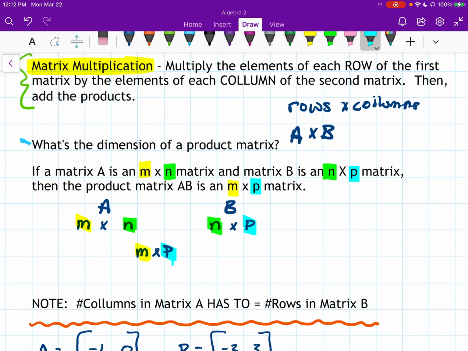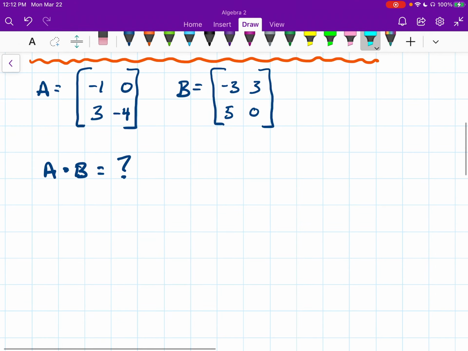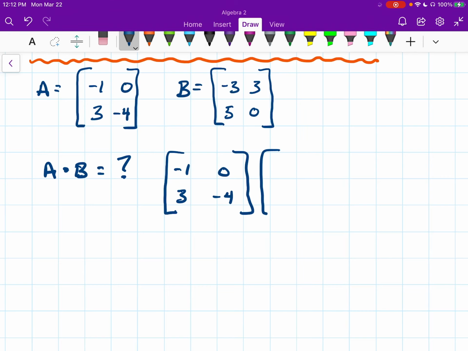So let's do a couple examples and we'll see if it makes more sense. A is that there, B is there, and we're supposed to find A times B. Starting off, I'm going to write them right next to each other. So I have -1, 0, 3, and -4, and -3, 3, 5, and 0.